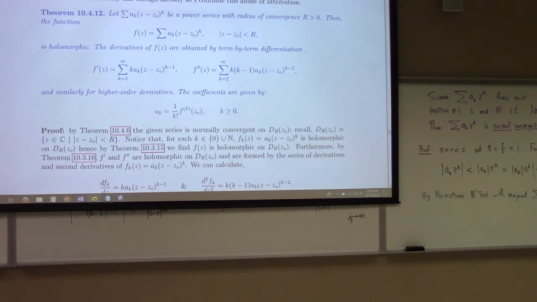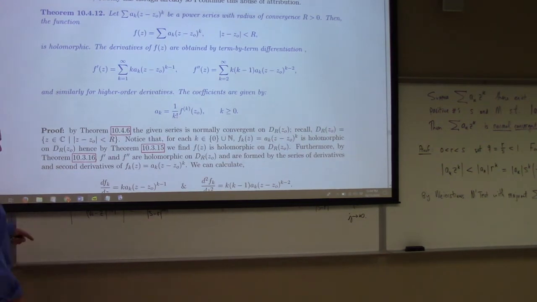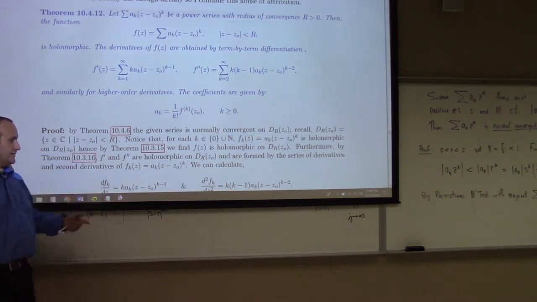And furthermore, the limit function is holomorphic by a theorem we already proved. In fact, the second, third, and in fact the mth derivatives are holomorphic on this disk, by the theorem I proved at the start of today. And you can calculate the derivatives explicitly like so.